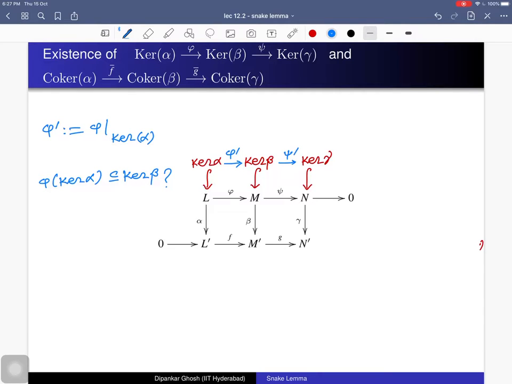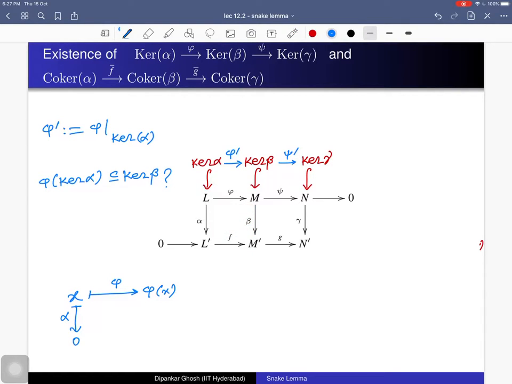So, let us consider an element x, and suppose x is in kernel alpha. If you apply alpha, then it is 0. Then if we apply phi on x, it is phi of x. We just need to verify whether this element is in kernel beta or not. Using the commutativity of this diagram, we can verify that.